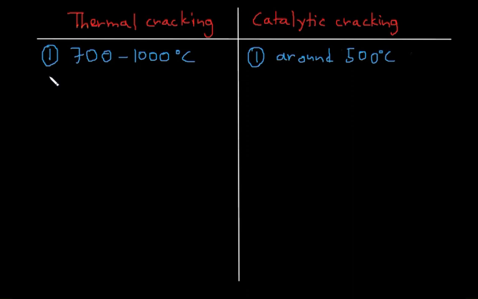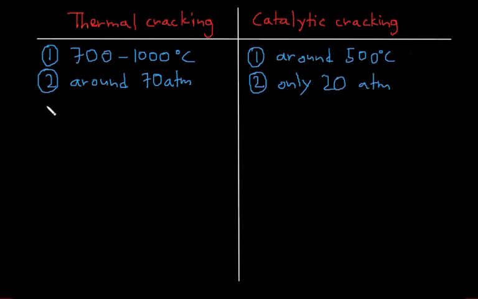With regards to pressure, in thermal cracking, we use around 70 atmospheres, and in catalytic cracking, it's only 20 atmospheres.